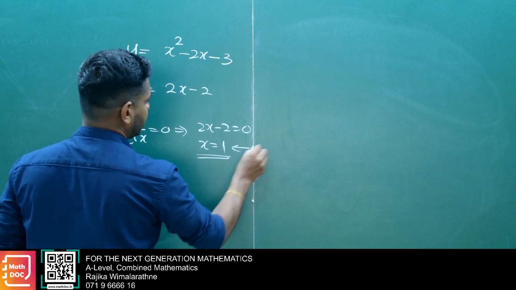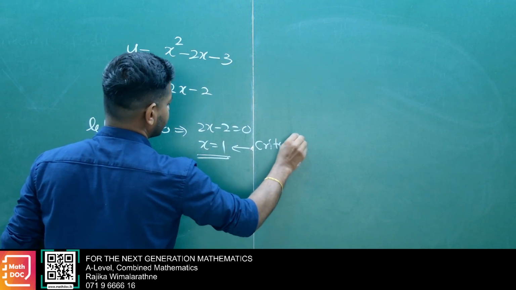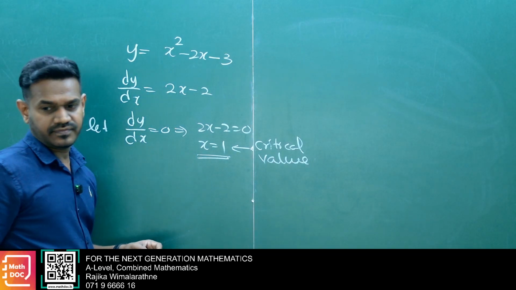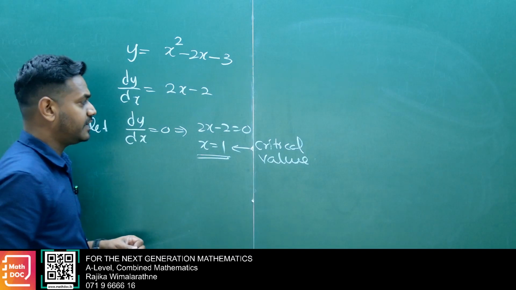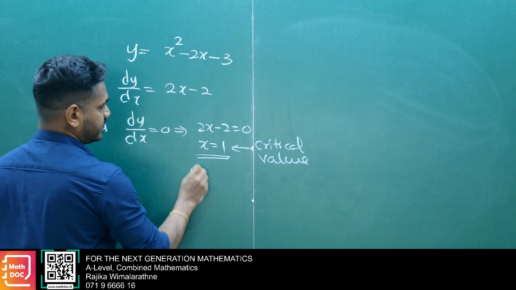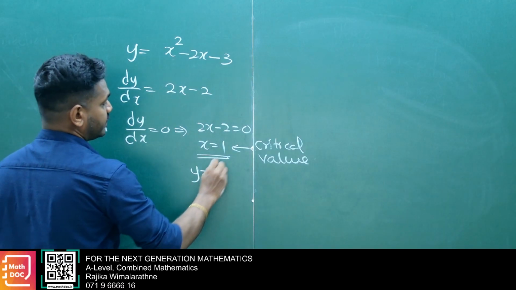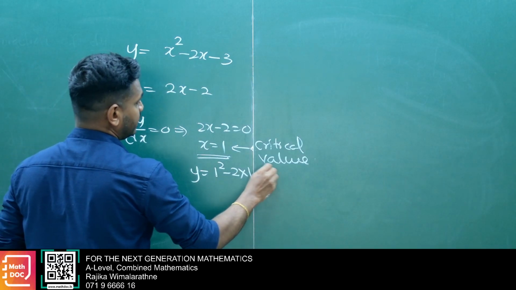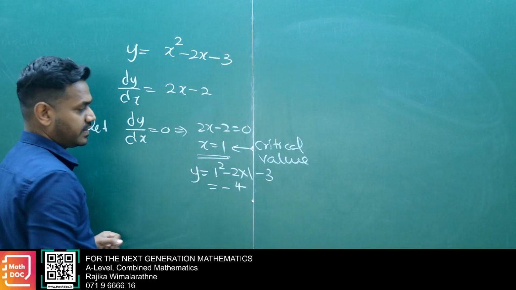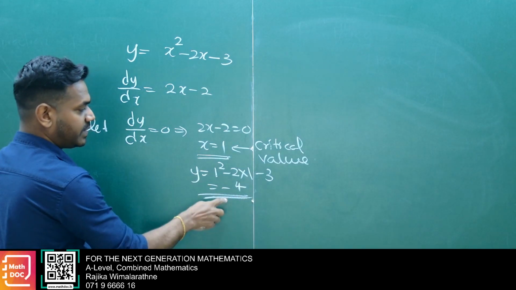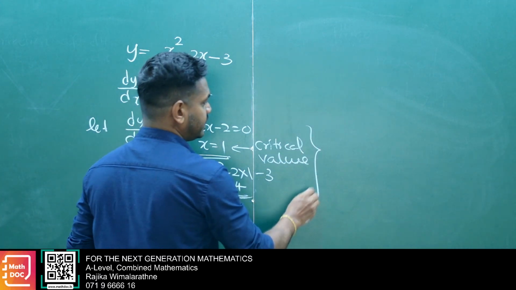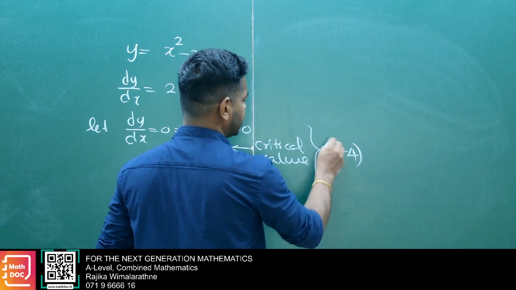Here we call it the critical value. Then for this critical value, get the corresponding point, substitute 1: 1 squared minus 2 times 1 minus 3, that is minus 4. Therefore, by these two, 1 comma minus 4 is the critical point.